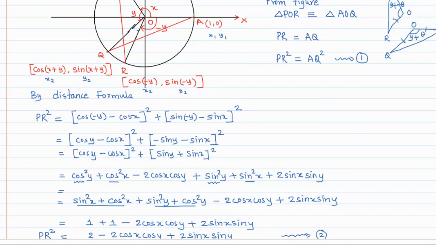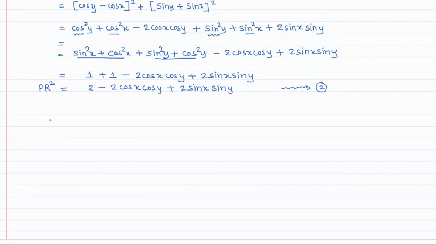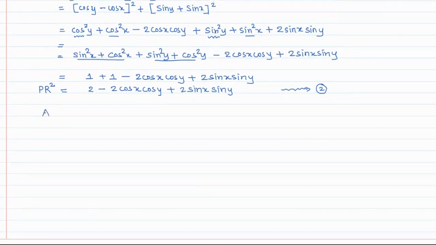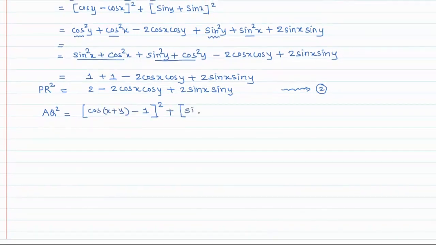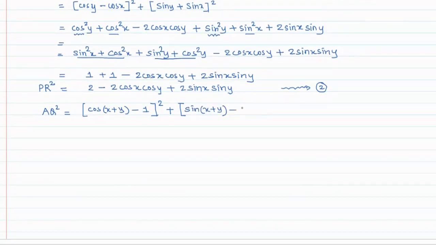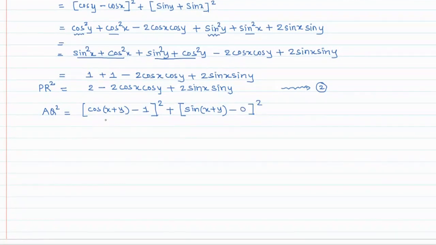So now I will calculate AQ, again by distance formula only. So AQ square is equal to (x2 minus x1) bracket square. So x2 is cos(x plus y), x1 is 1, minus 0 bracket square. Now square these both.